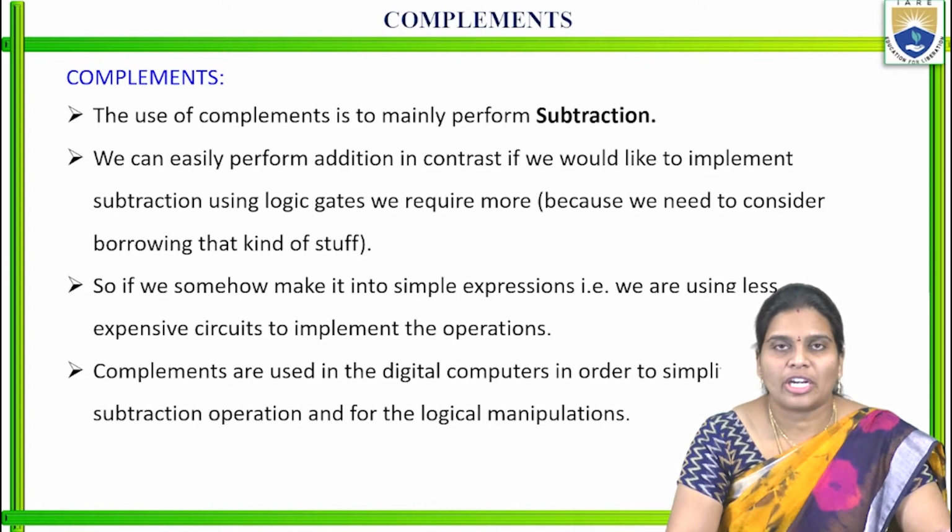Why? Because here we take the borrow from the next levels and subtract the binary values to get the result. This is somewhat complex. To overcome that complexity, we go to complements. With complements, even a subtraction is indirectly performed by adding the two values, so we can easily perform addition compared to subtraction.